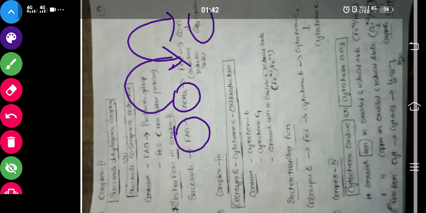From there it will go to quinol, that is QH2, right? This is how the electrons will flow. So the second complex is called succinate coenzyme reductase or succinate dehydrogenase complex. Complex 1 is called NADH coenzyme oxidoreductase complex. Okay, understood.